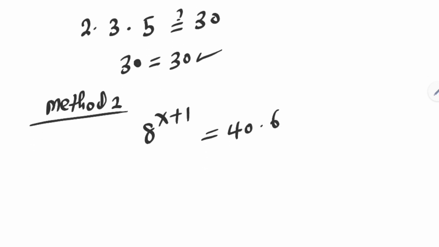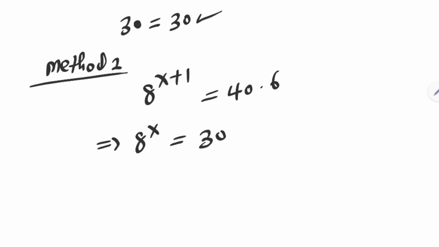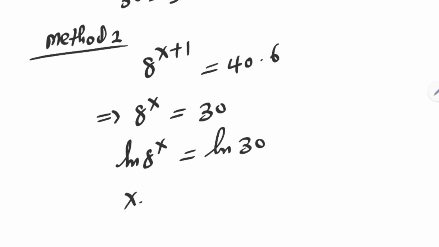This is the same thing as 8 raised to power x is equal to 30. Let us take the log on both sides of this equation, that is the natural log. We have ln of 8 raised to power x is equal to ln of 30. x ln of 8 is equal to ln of 30.